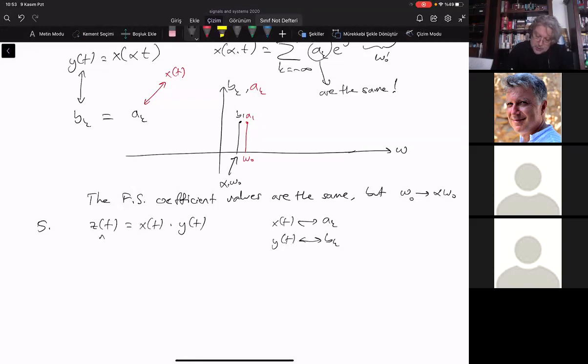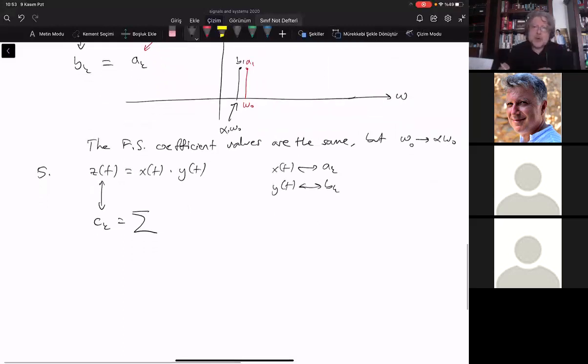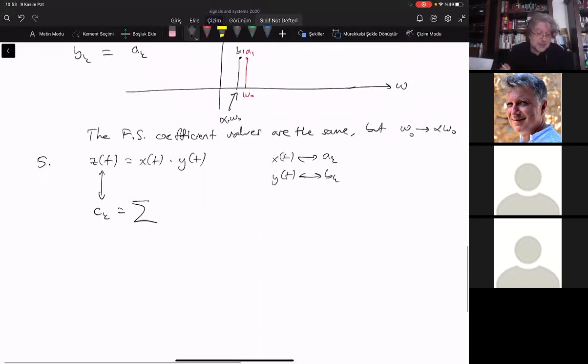So how can I express the Fourier series coefficients of z of t, which are c_k's, in terms of a_k and b_k? This is a tad more difficult to achieve, so given time considerations, I'm going to just give the result, because this result will continue to exist in other Fourier transforms, including the Fourier transform itself.